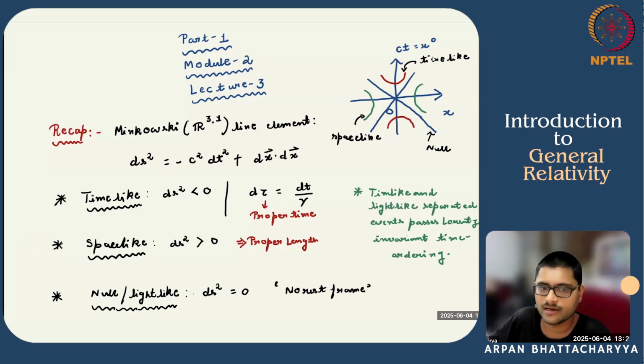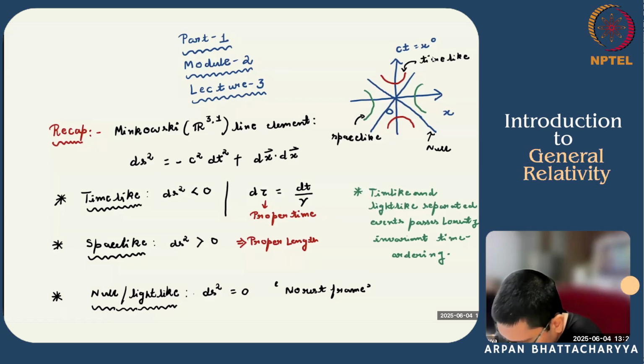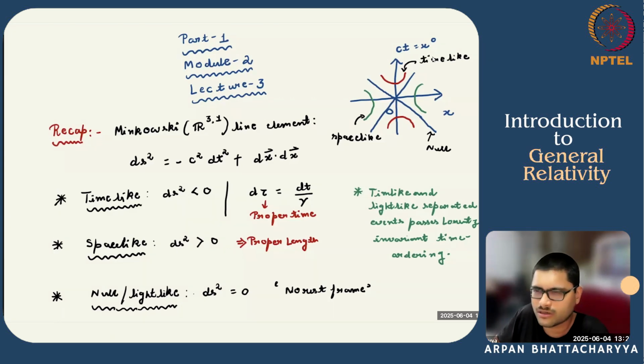First one is the time-like separated distance, where ds square is less than 0. For this case, you can always go to a reference frame where you set dx, the spatial part, to be 0. If you define the time measured in that frame by tau, we will have d tau equal to dt by gamma. Gamma, remember, is 1 over square root of 1 minus v square by c square.